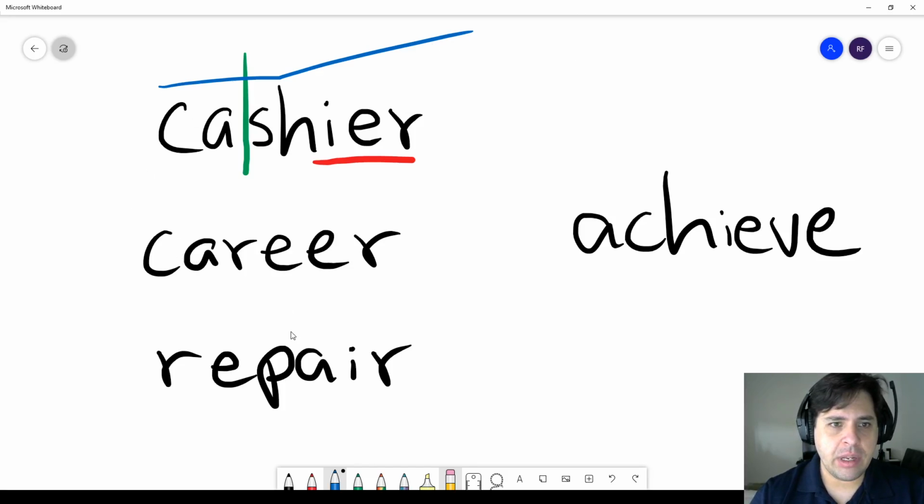Cashier. And that's why we split it up in that sense. So the way we split it up can tell us how we pronounce it, okay? It's not cash ear, it's cashier, right?